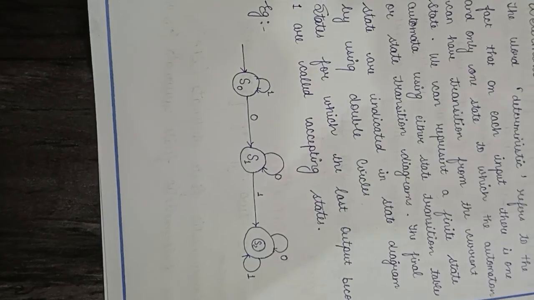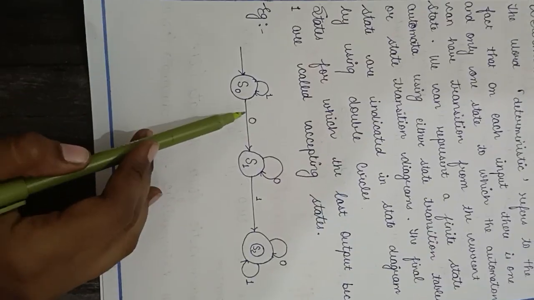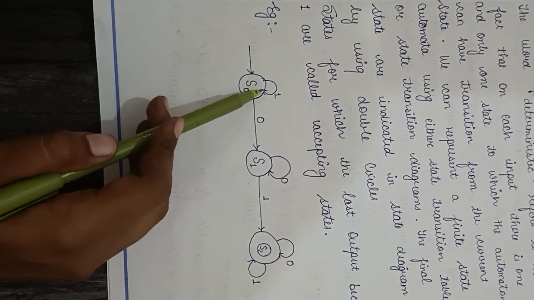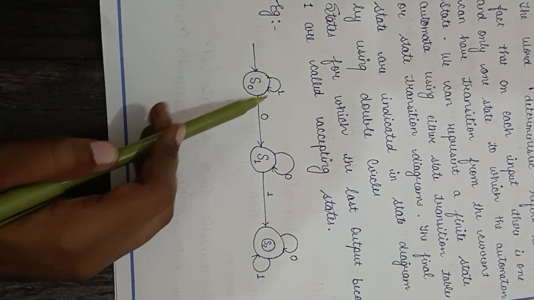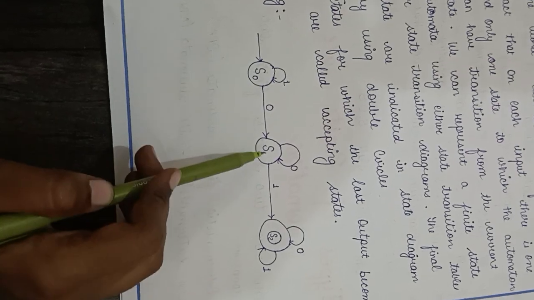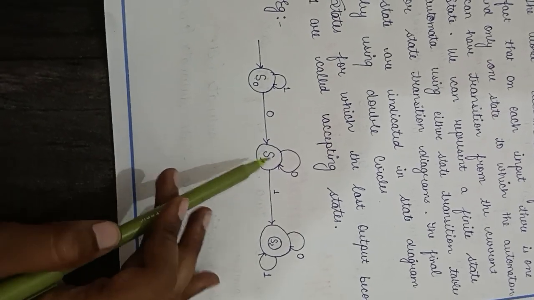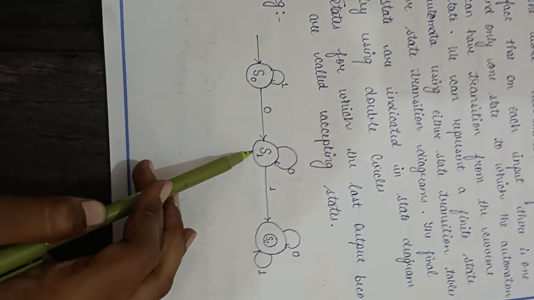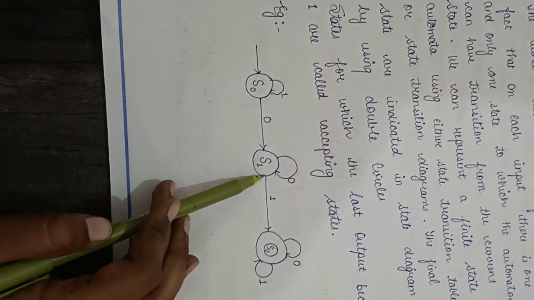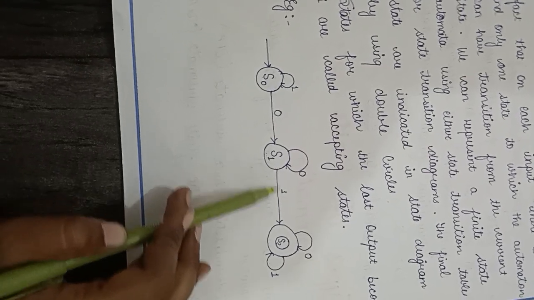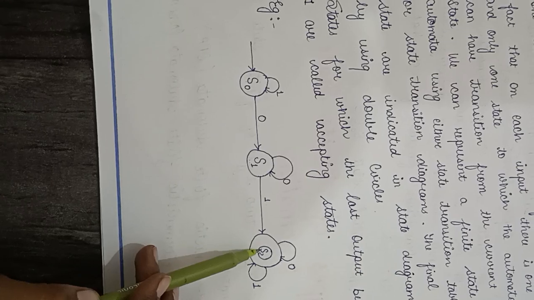We have three states, S0, S1 and S2. While applying input 1 we stay in the S0 state, and while applying input 0 we go to the S1 state. In S1, while applying input 0 we stay in S1, and while applying input 1 we go to the S2 state.